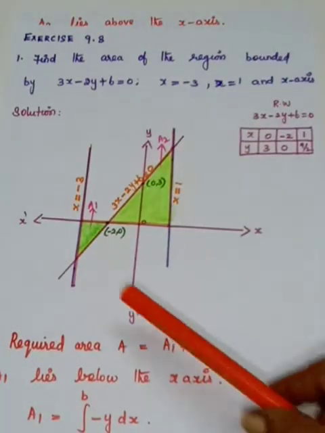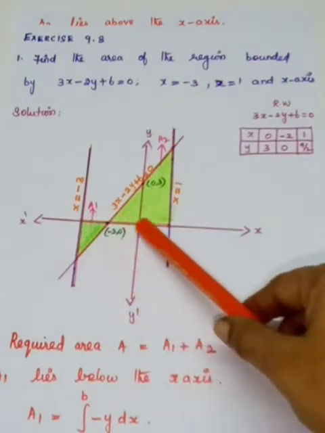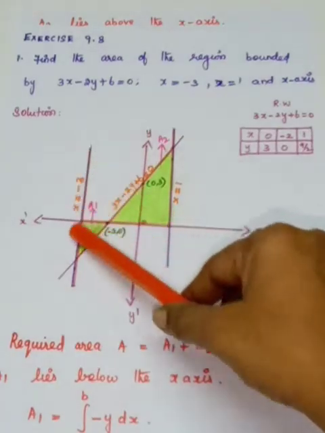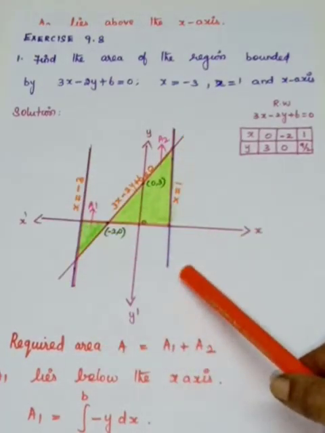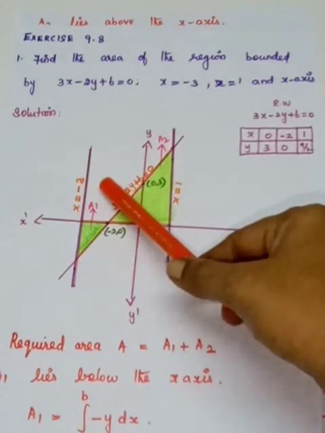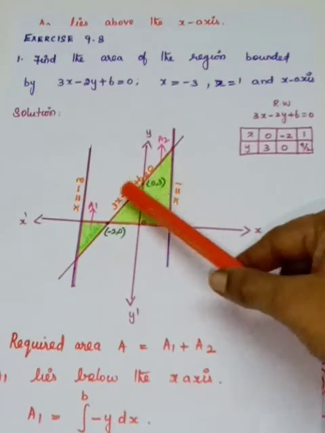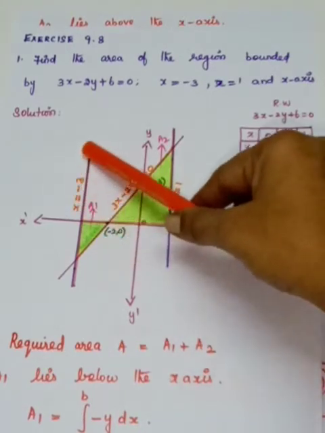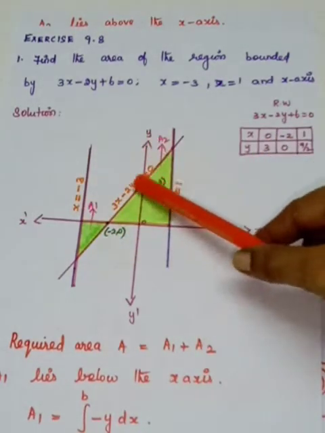See now, the line, the x-axis, x is equal to minus 3 and x is equal to 1. The area should be bounded because 4 regions are given. So if you take this part, the line is there, the x-axis is there, x equal to minus 3 is there, and x equal to 1 is not here.